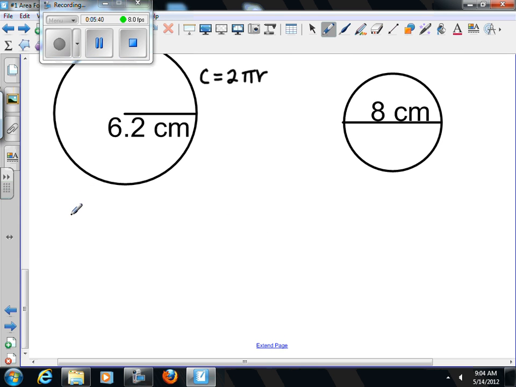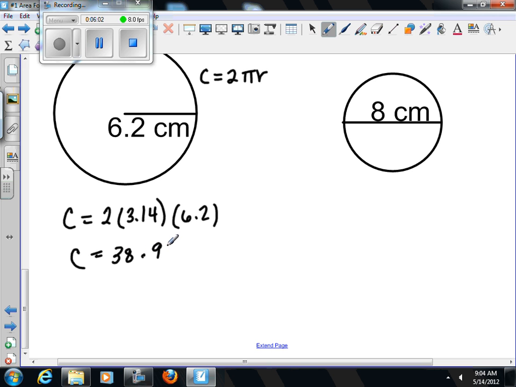So we're going to say C equals 2 times 3.14 times the radius of 6.2. And let's go ahead and compute that. So we have 2 times 3.14 times 6.2, and we end up with 38.936. Now this is just centimeters because this is the distance around the outside of the circle. This is not the area.